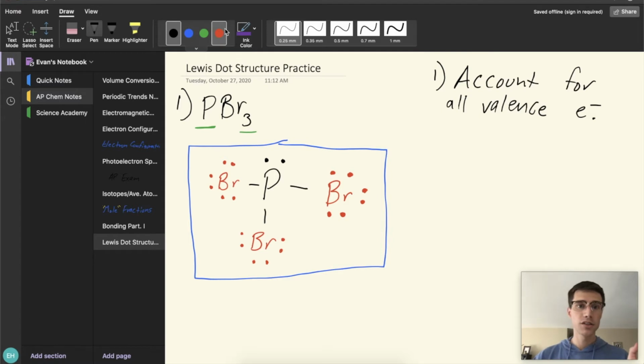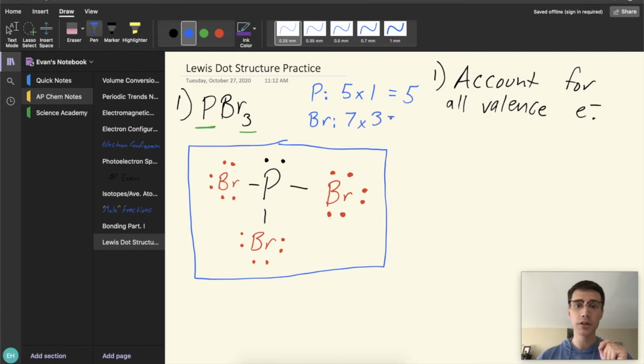Since phosphorus has 5 valence electrons, and we know there's only one phosphorus in this molecule because there's no subscript here, then we know we have a total of 5 valence electrons coming from our phosphorus atom. And in bromine, like we talked about earlier, we know bromine has 7 valence electrons, but keep in mind, we do have a subscript here.